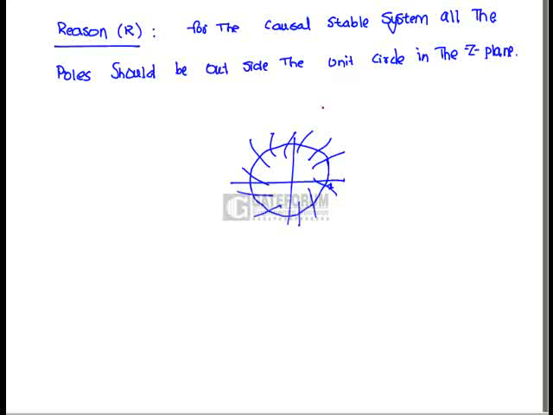That means all the poles should lie inside the unit circle. But in the reason they mention the poles are located outside the unit circle, that means the reason is false. Here the assertion is true and the reason is false. Hence the option is C.